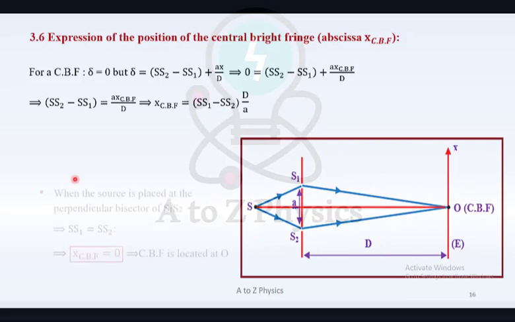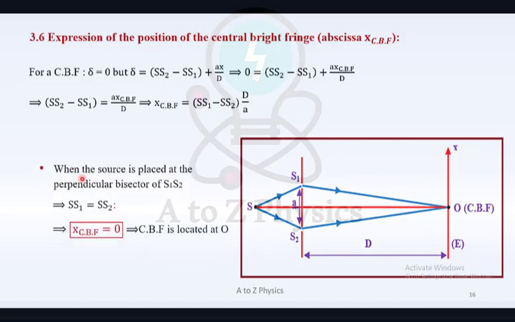Three cases may arise. First case, when the source is placed at the perpendicular bisector of S1S2, then SS1 is equal to SS2, and so the position of the central bright fringe will be equal to 0, so the central bright fringe is located at O.